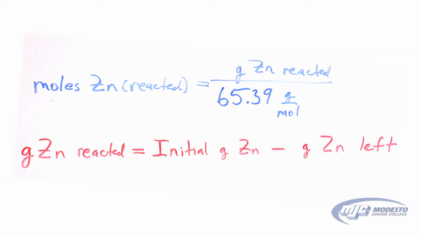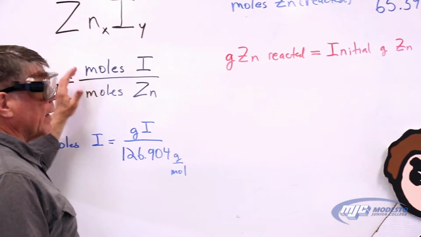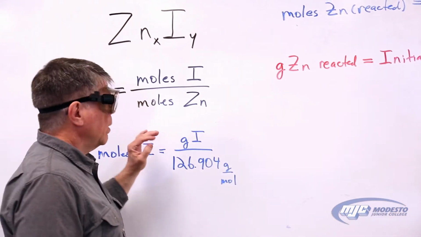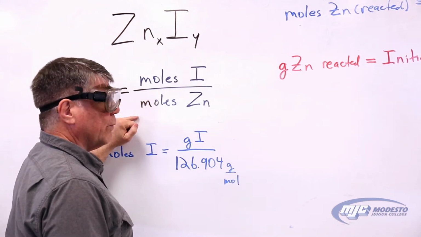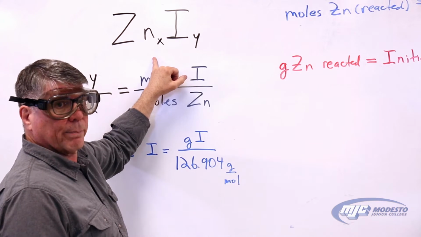Because to calculate the moles of zinc reacted, all we do is take the grams of zinc reacted, divide by its molar mass. So once we do that, we'll know the moles of the iodine and the moles of zinc. Take this ratio, and that will give us how many Y's there are for every one X.